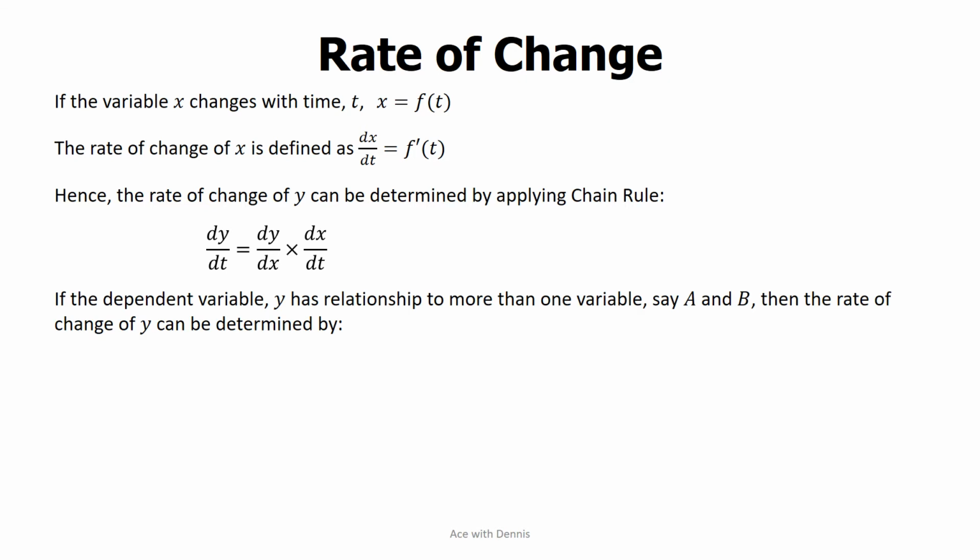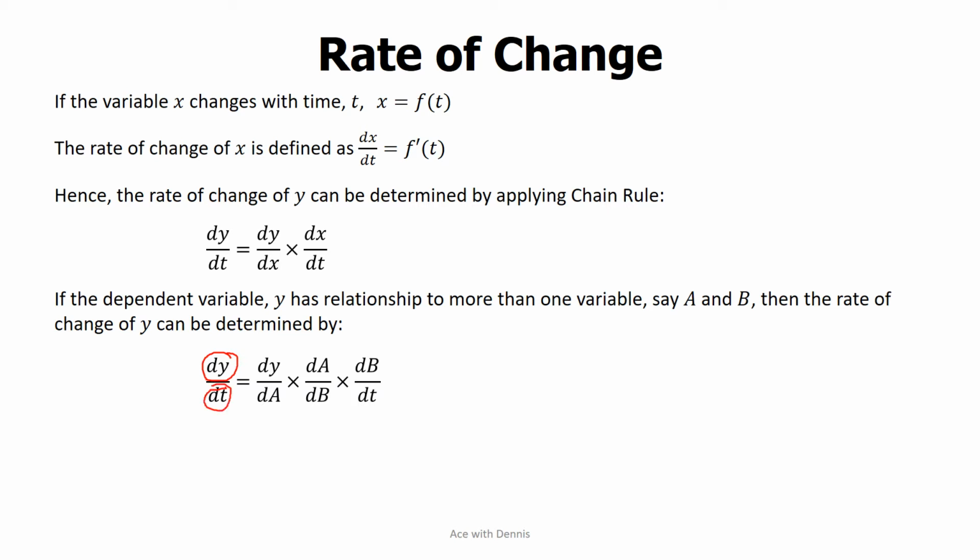If the dependent variable y has a relationship to more than one variable, say A and B, then the rate of change of y can be determined by dy over dt equals dy over dA times dA over dB times dB over dt. You don't have to memorize this equation. You just need to understand the chain rule concept. So from here, dy is the starting point and dt is the ending point.